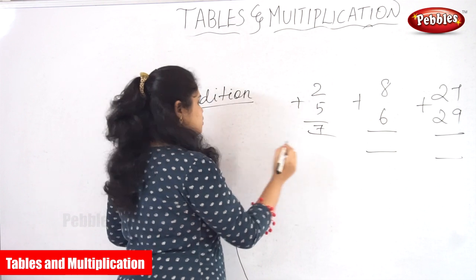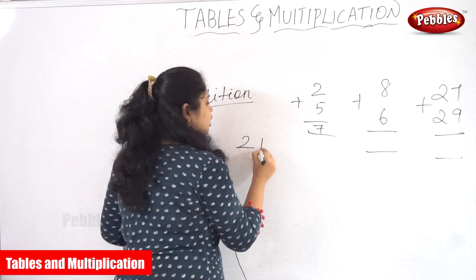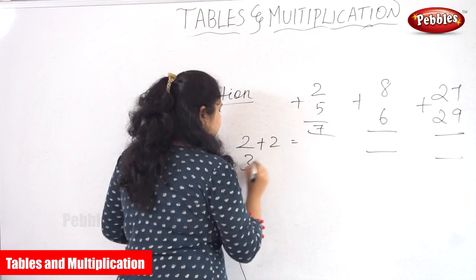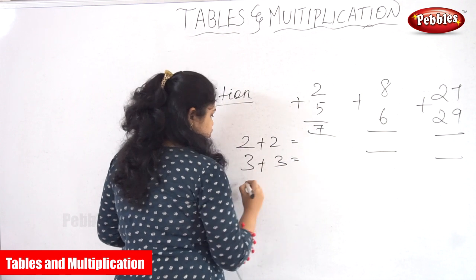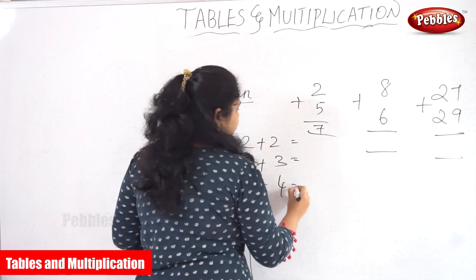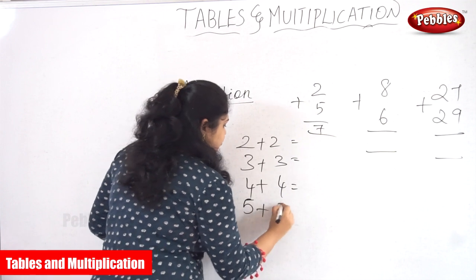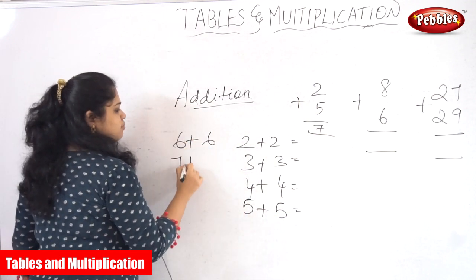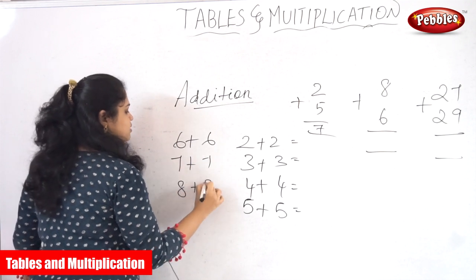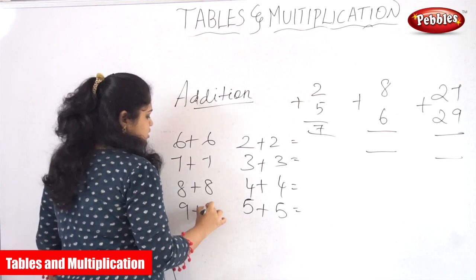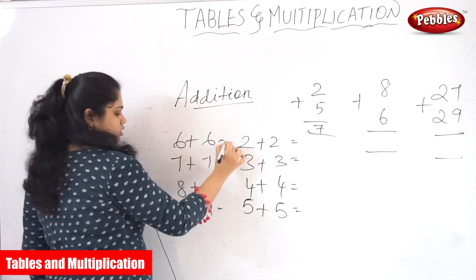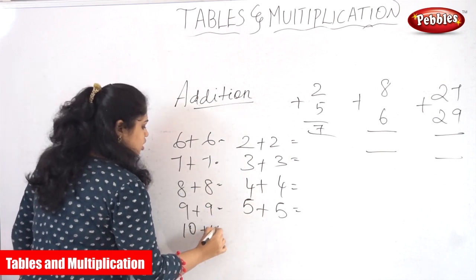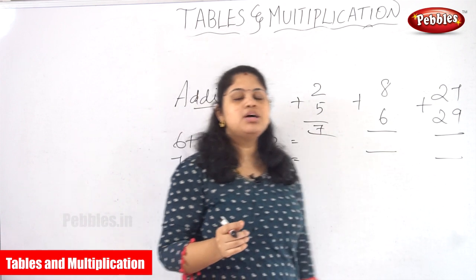Pairing of numbers means, for example, 2 plus 2, 3 plus 3, 4 plus 4, 5 plus 5, 6 plus 6, 7 plus 7, 8 plus 8, 9 plus 9, 10 plus 10. This is a pairing of numbers.